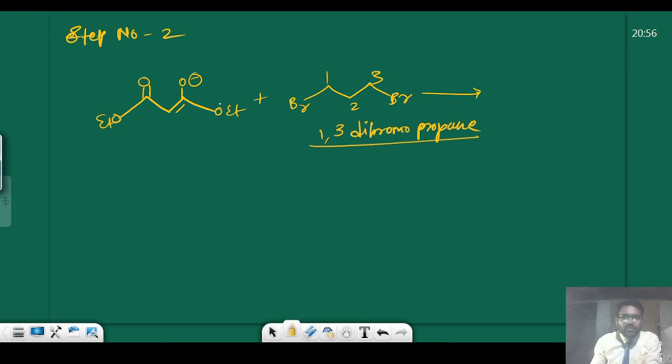Now in the presence of this enolate anion, what will happen? First of all, these electrons will come back like this, and the carbon is going to attack on this particular electrophilic center, and this bromine will leave out from the reaction, and there is a formation of a new carbon-carbon bond.